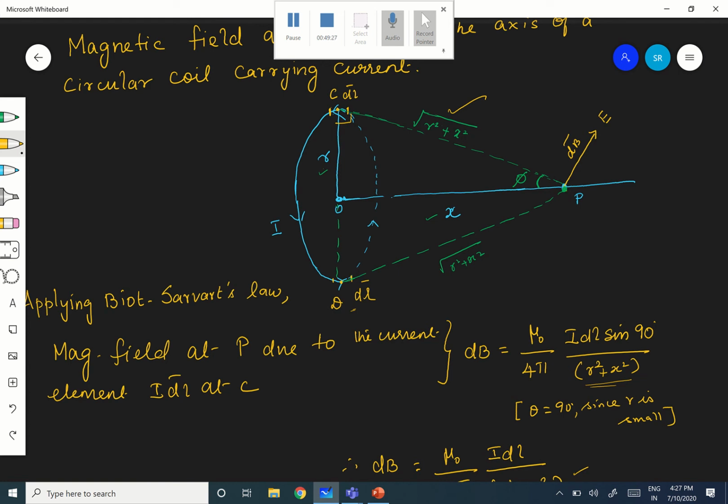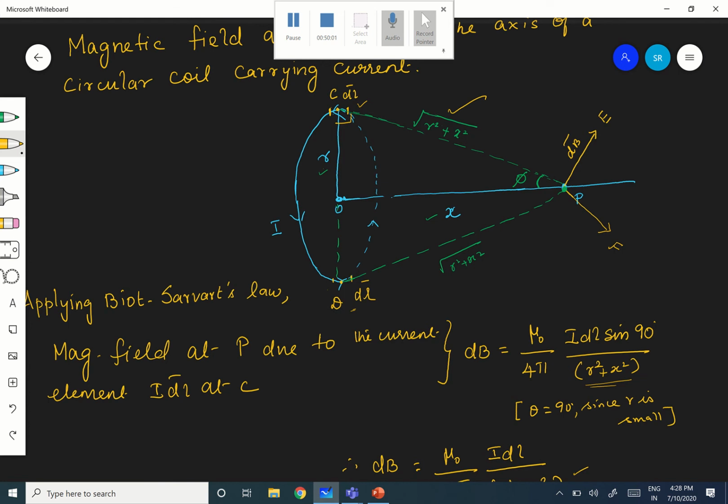Definitely the current direction, in this case at C, the direction is from right to left, but here it is left to right. Is it clear? It is left to right. Therefore, what will be the direction of magnetic field here? It should be exactly like this. Magnitude is same, but the direction will be different.